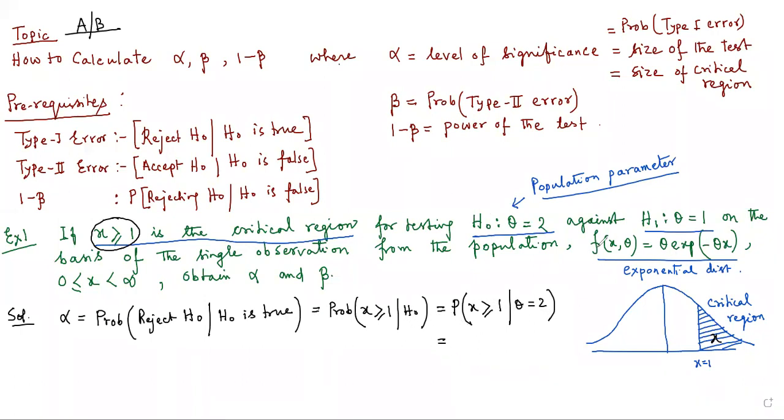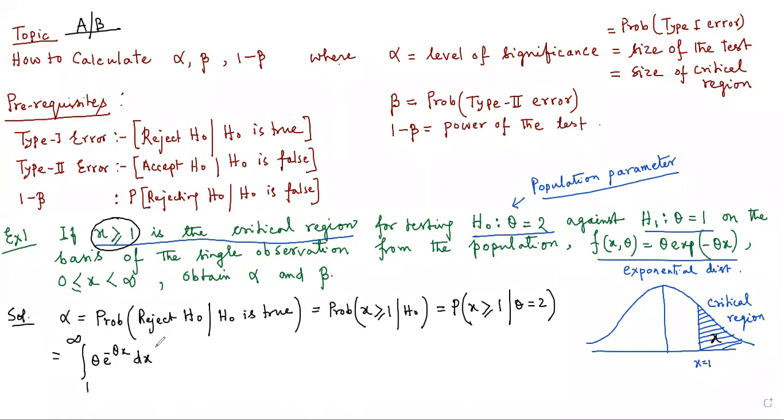And since this population is following a continuous probability distribution, to find the probability that x exceeds 1, we are supposed to find the integration of this probability function. So it will be from 1 to infinity, integration of theta into e to the power minus theta x dx, where theta is the population parameter.